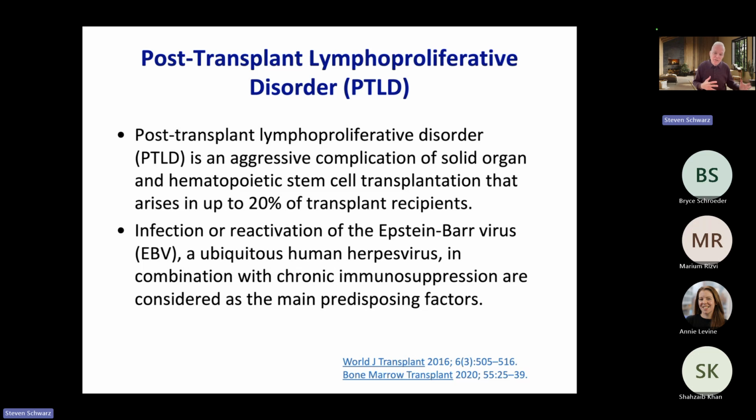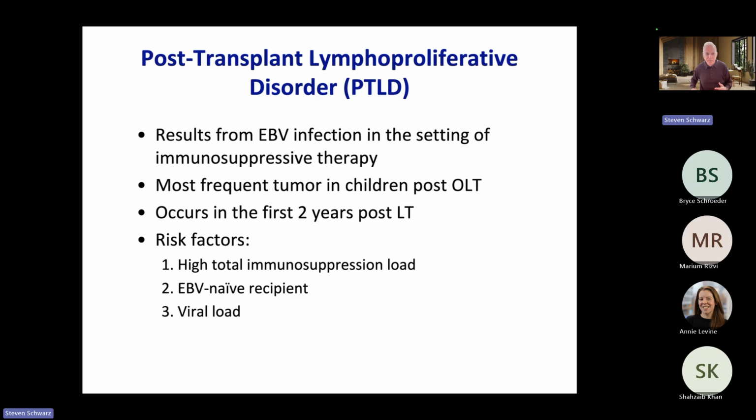And when you have reactivation in combination with chronic immunosuppression, that leads to PTLD. PTLD, again, results from EBV infection in the setting of immunosuppression. It is the most frequent proliferative event leading to tumor formation in children following liver transplant. It generally occurs in the first 2 years post-transplant.